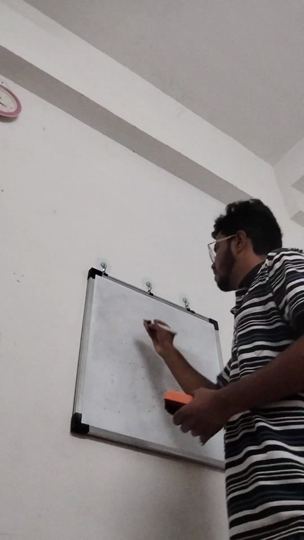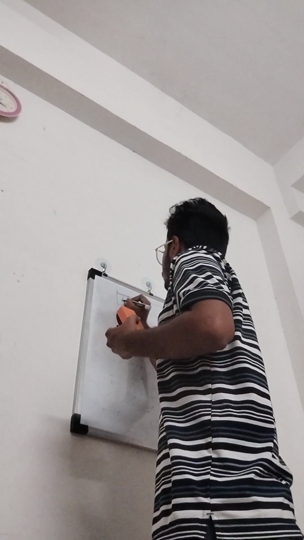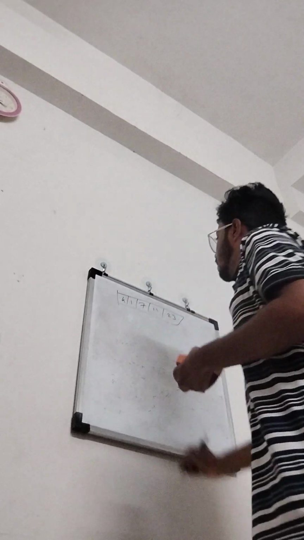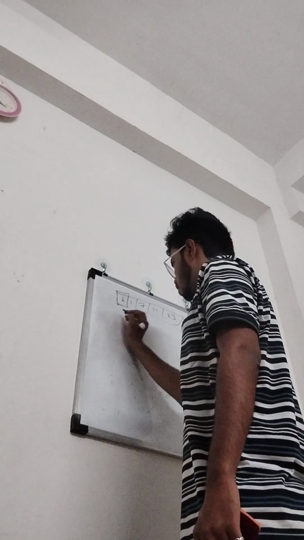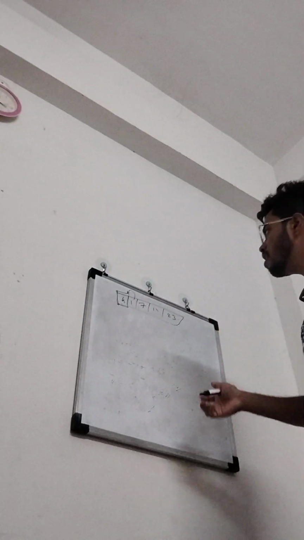The basic thing is, let's consider this example as 4, 7, right. So for the first element, this is already sorted, right? Then we insert the second element in the first element.